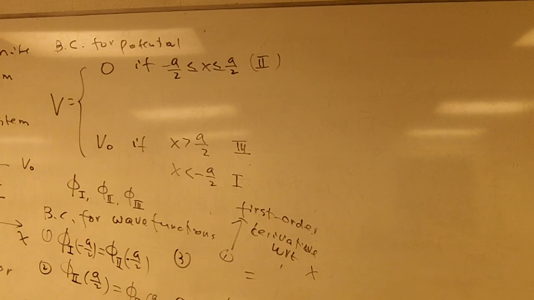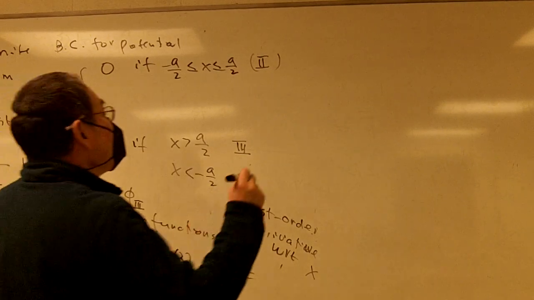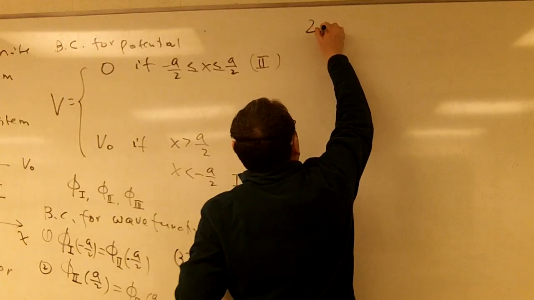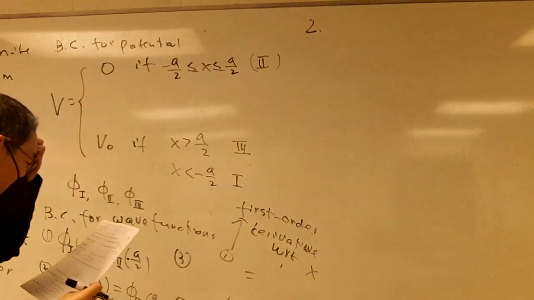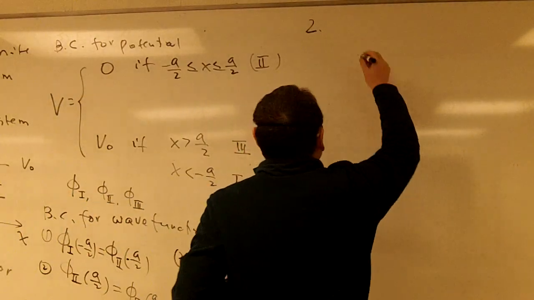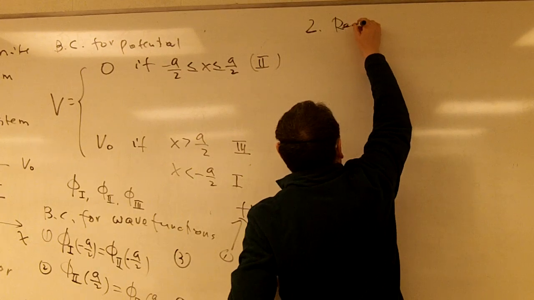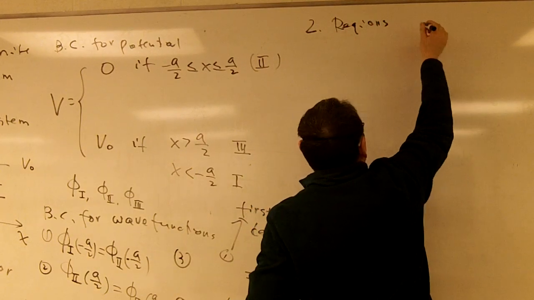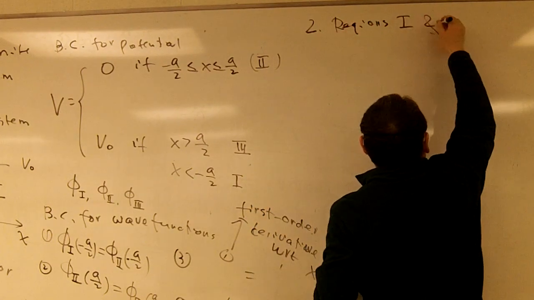Now then, our next job, we will work systematically to find the wave functions for different regions, one at a time. And I'm proposing we work on 2 regions first. Regions 1 and 3 first.